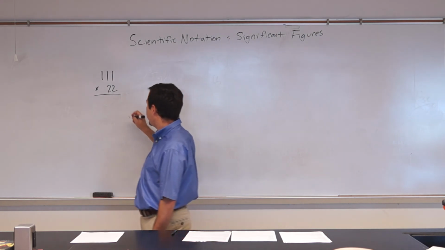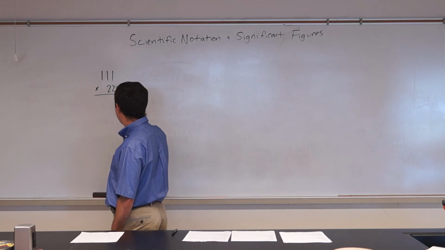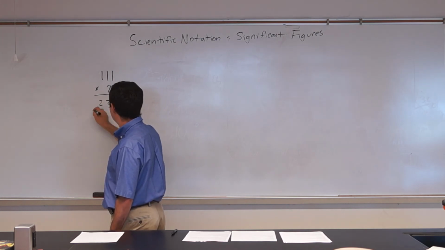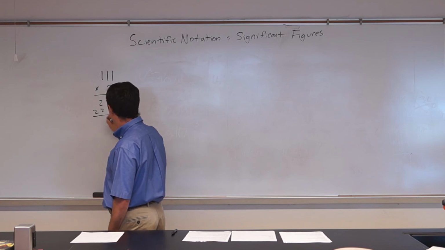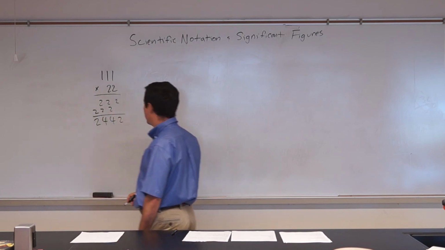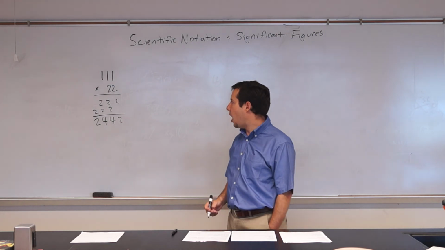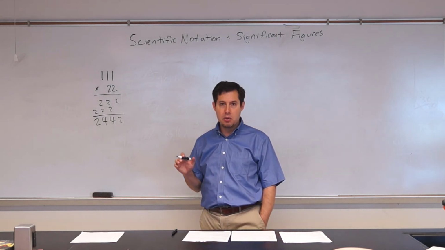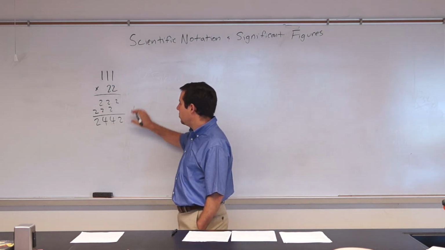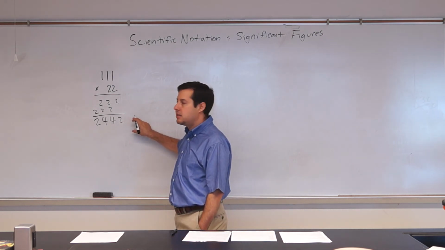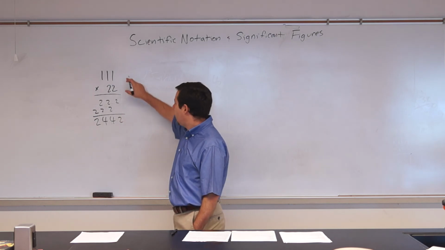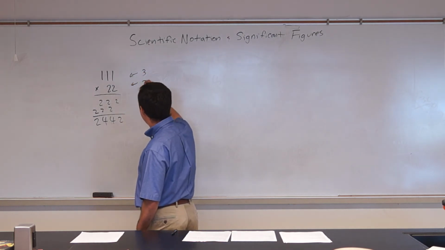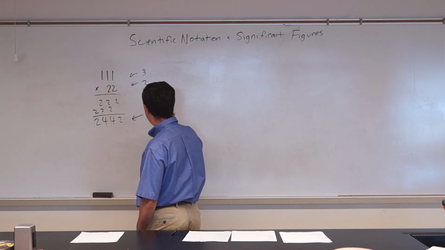If you were to put this into your calculator or figure it out by hand, you end up getting 2442. But when you're dealing with significant figures, you're actually going to only use your answer that has the same number of significant figures as the smaller of these. So if that has 3 and that has 2, your answer should only have 2 sig figs.